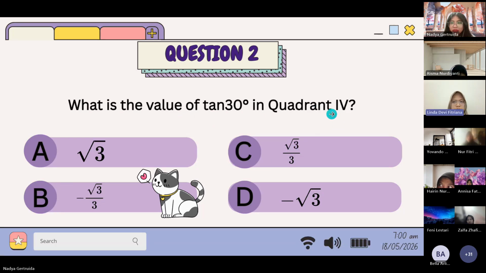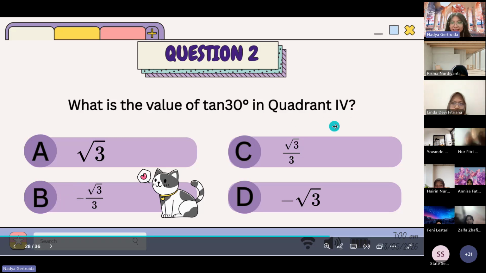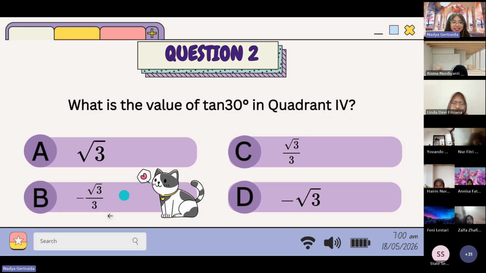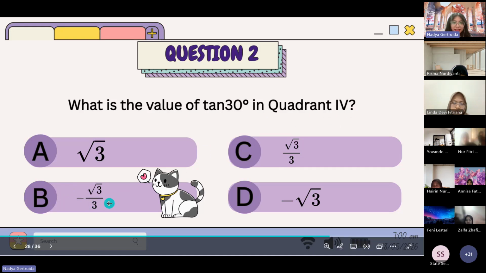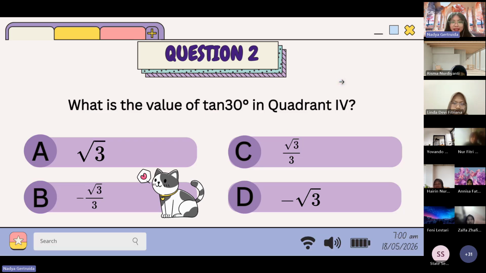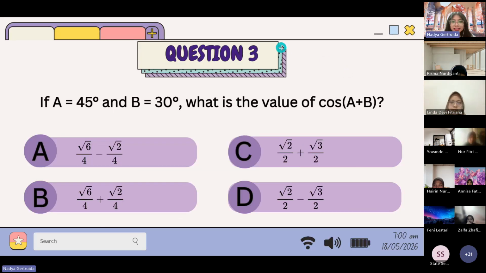So in quadrant 4, the tangent is a negative value, okay? Thank you.